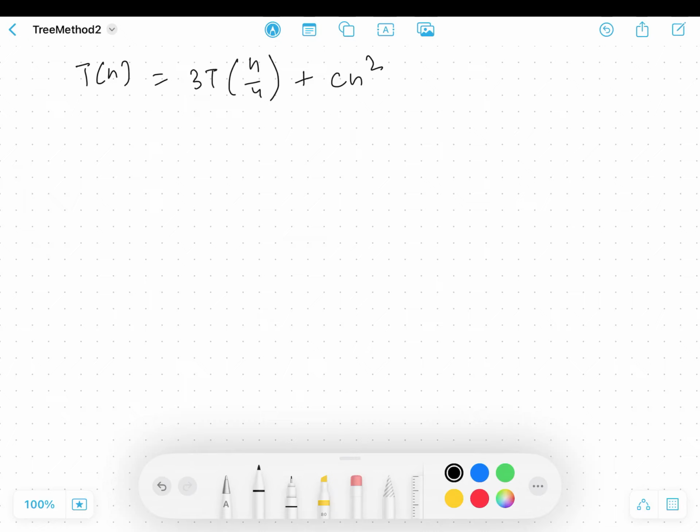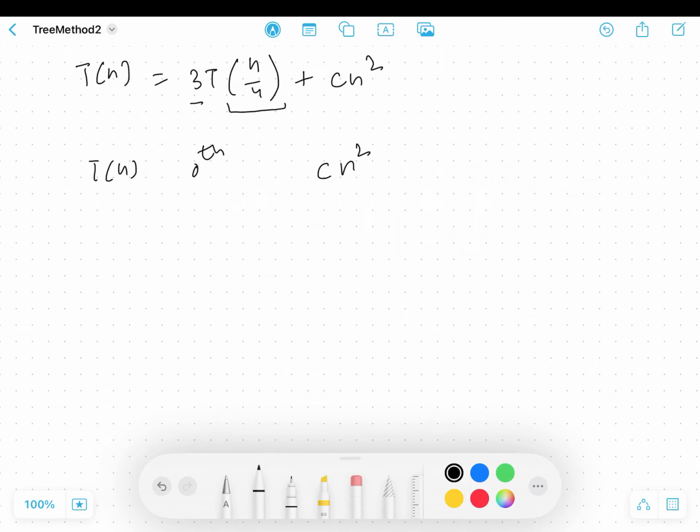If you notice, the problem is being divided in fourth, and the function is called 3 times. Okay, so let's see how our 0th level looks like.